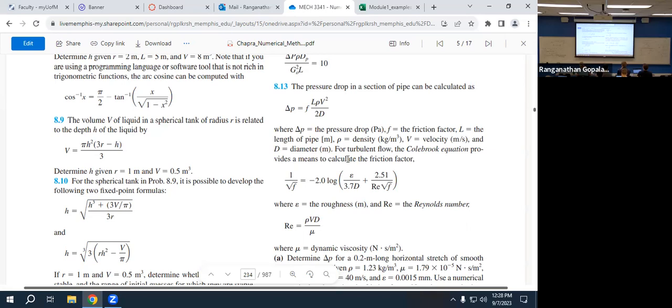Pressure drop in a section of pipe can be calculated as delta P equals f, the friction factor, multiplied by length, density, velocity squared, divided by 2 times the diameter.